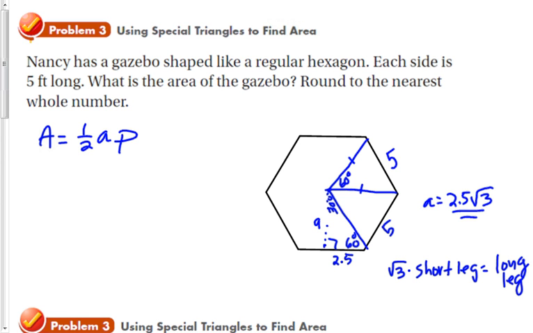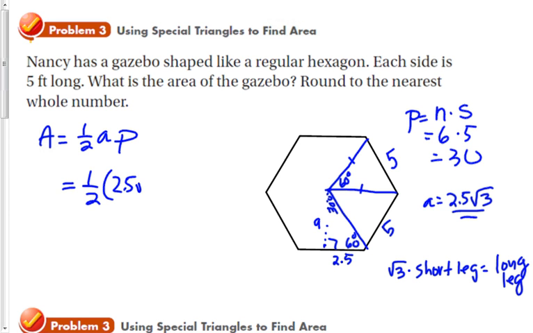We got that. We need the perimeter. The perimeter is equal to the number of sides times the length of one side, which is 6 times 5, which is 30. So now we have everything we need. We're going to take 1/2 times the apothem, which is 2.5 times the square root of 3, times the perimeter, which is 30.